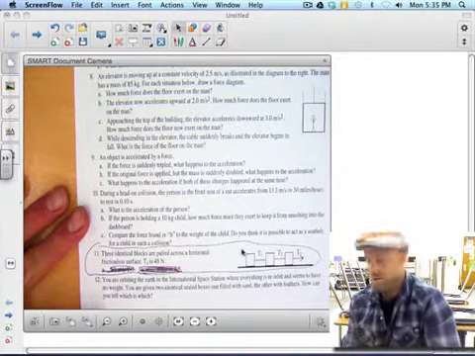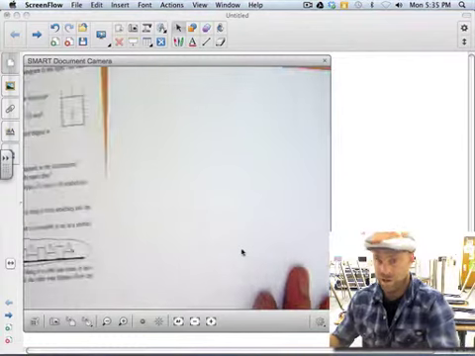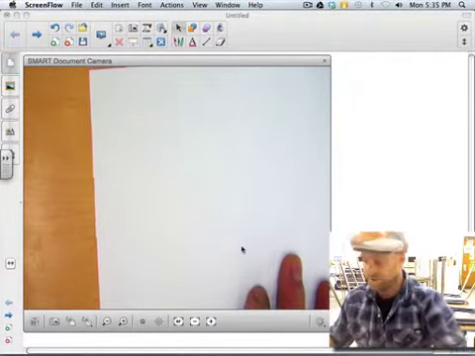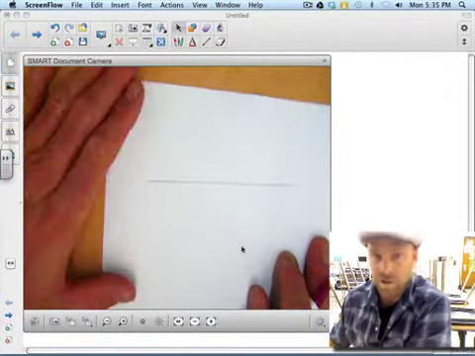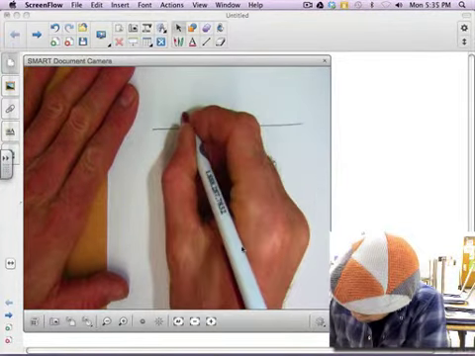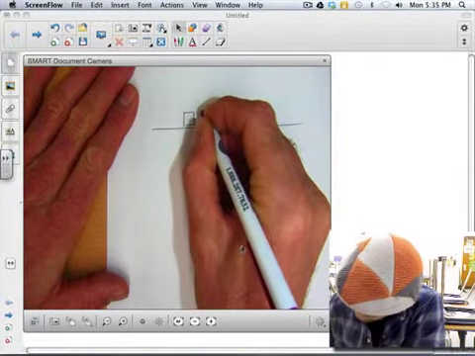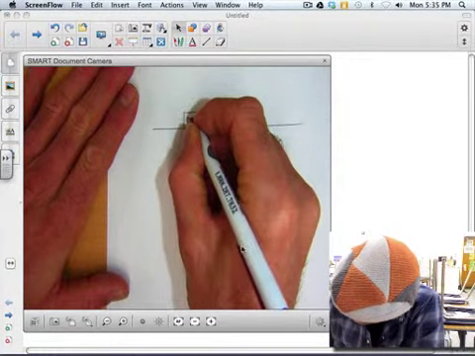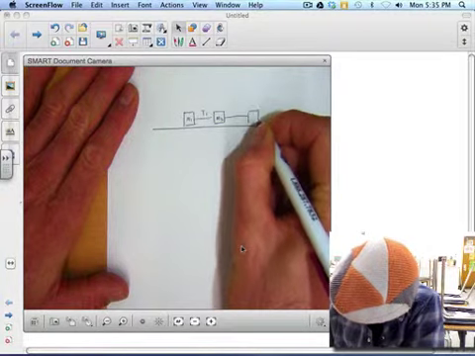Okay? Let's get started. So I'm looking at three masses all connected by strings, right? So I got mass 1, rope T1, mass 2, and mass 3.